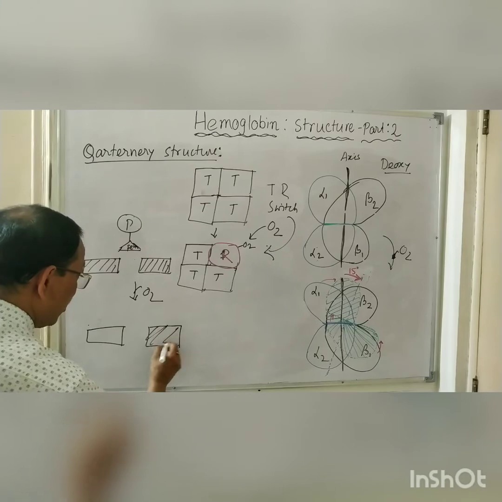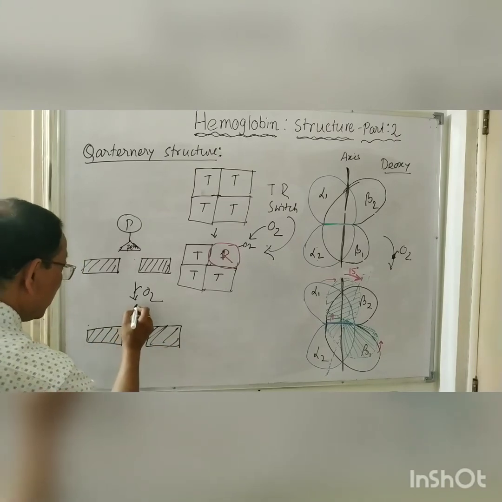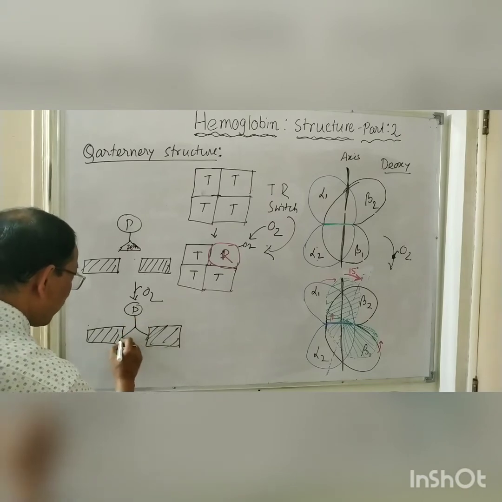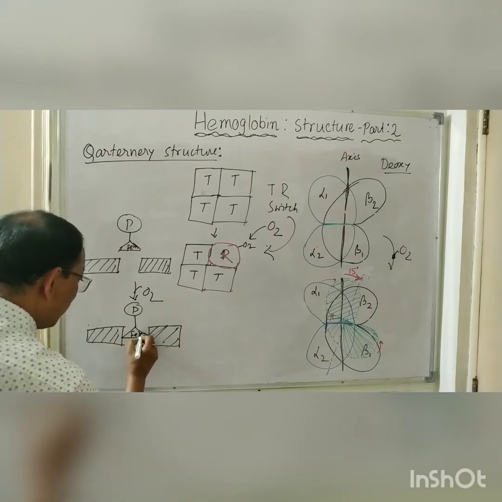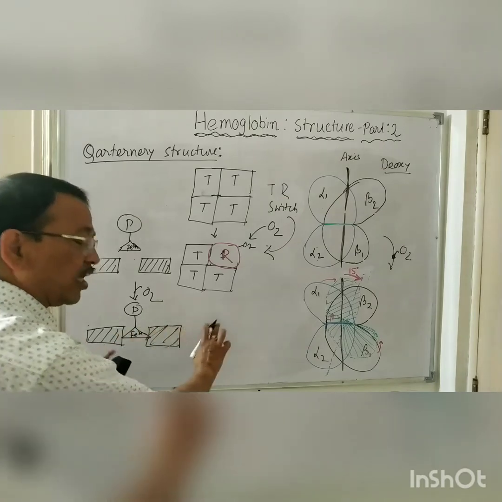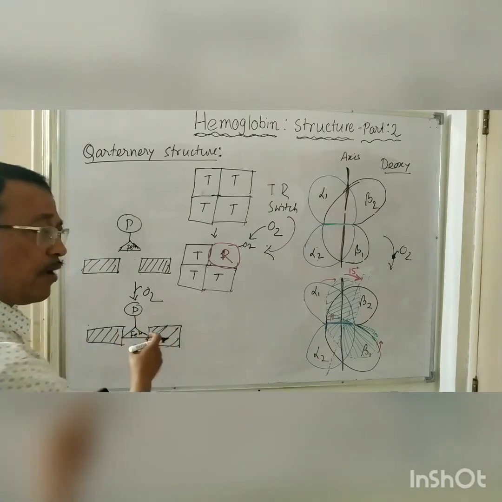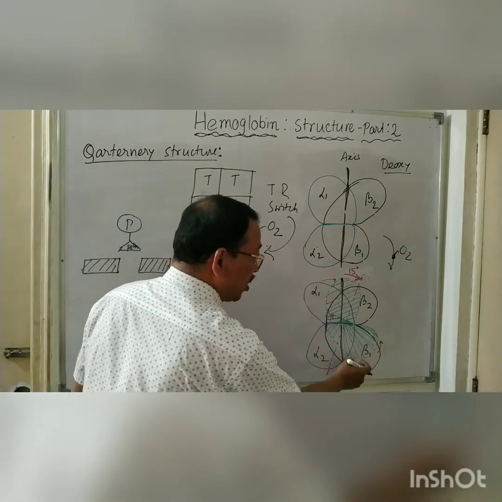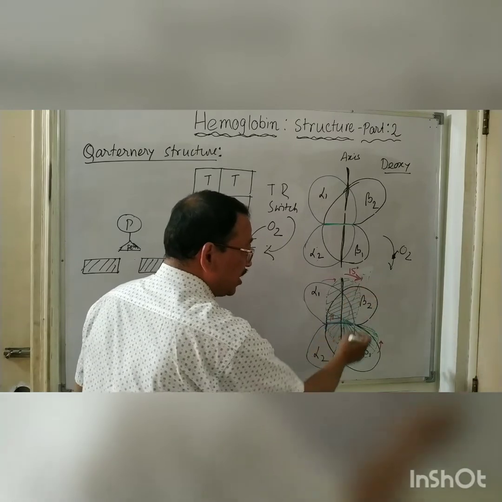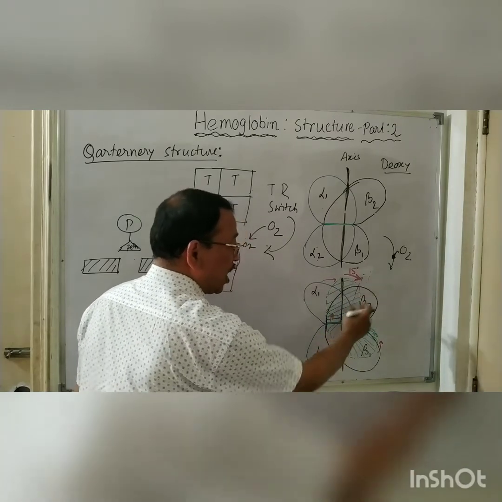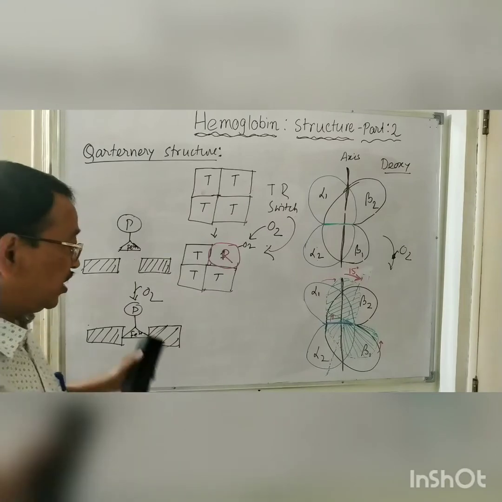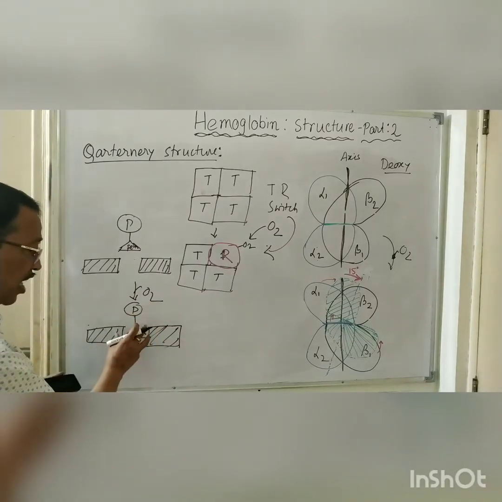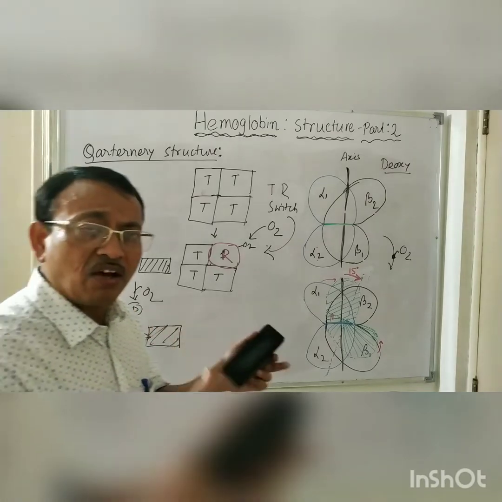This is the heme ring, this is the pyrrole, and this ferrous ion will come to the plane of the heme ring because of the movement of the alpha 1 beta 1 dimer in relation to the alpha 2 beta 2 dimer. So these changes will take place, and the ferrous ion will come to the plane of the heme ring.